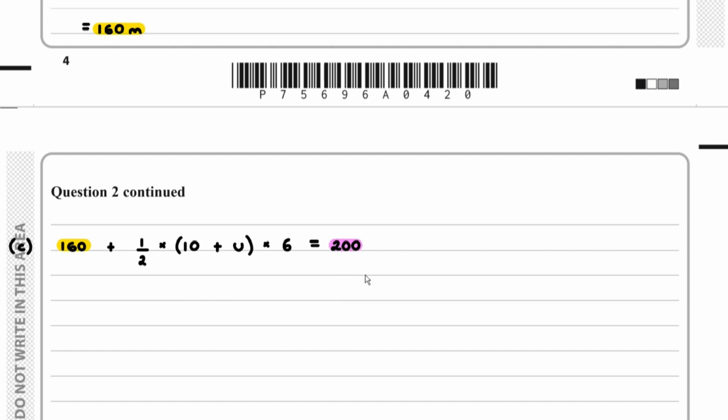So let's simplify where we can. Well, 1/2 times 6 is equal to 3, and we are multiplying this by 10 plus U. So we have 3 multiplied by 10 plus U, and 200 subtract 160 is 40, so 3 multiplied by 10 plus U is equal to 40. And if we solve for U, you will find U equal to 10 over 3.